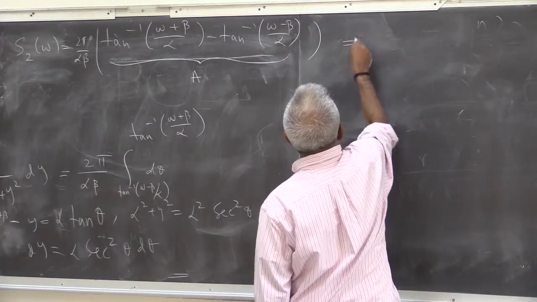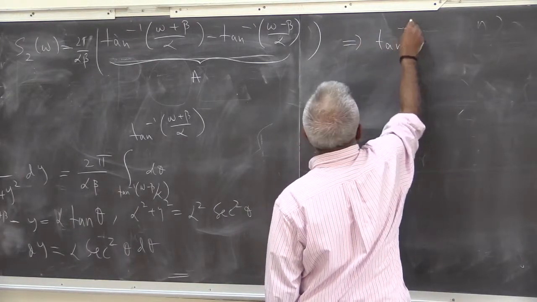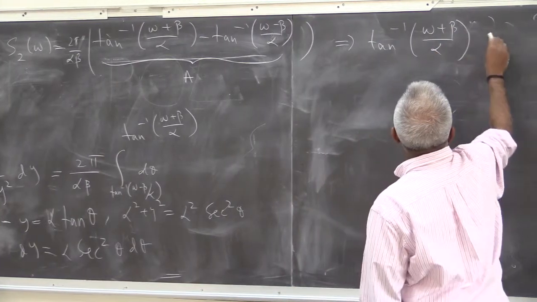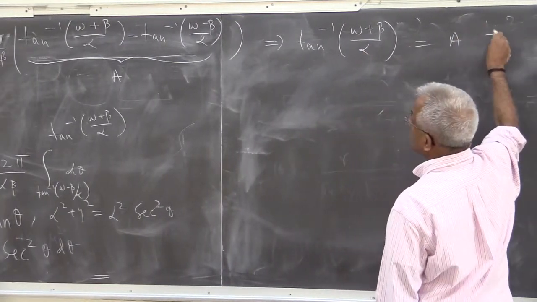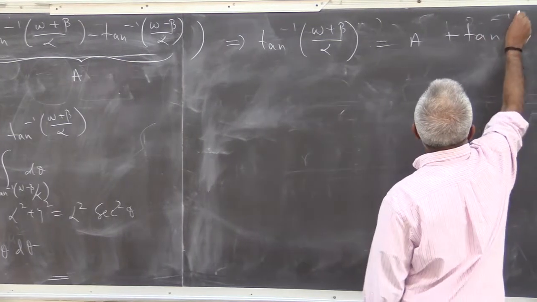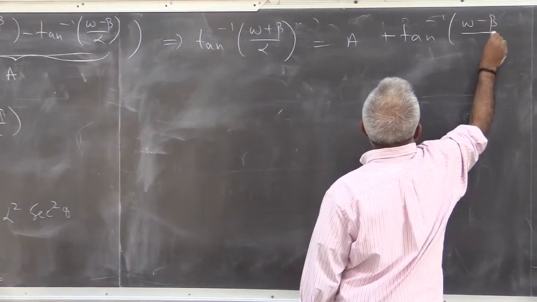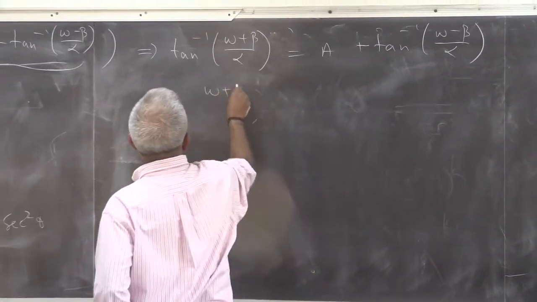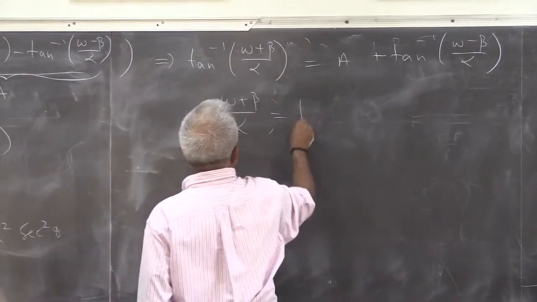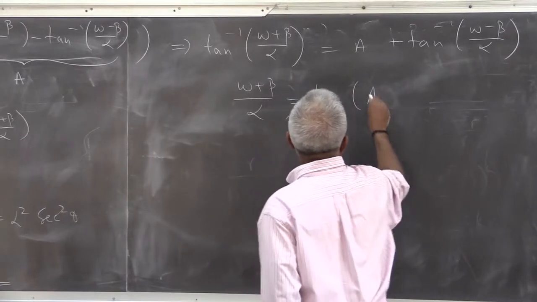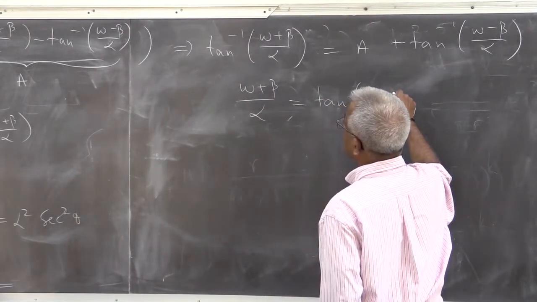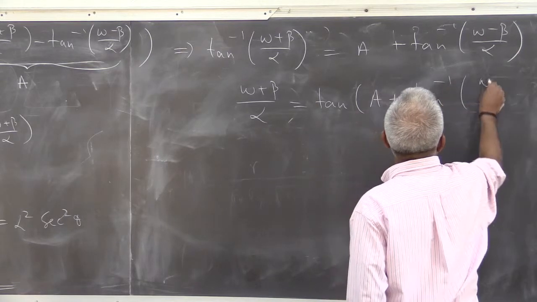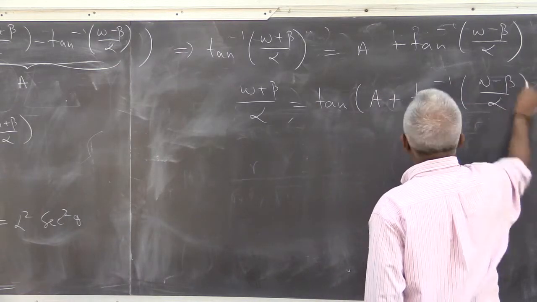So from here I have tan inverse of omega plus beta over alpha is A plus tan inverse of omega minus beta over alpha. So I get omega plus beta over alpha is tan of A plus tan inverse omega minus beta over alpha.